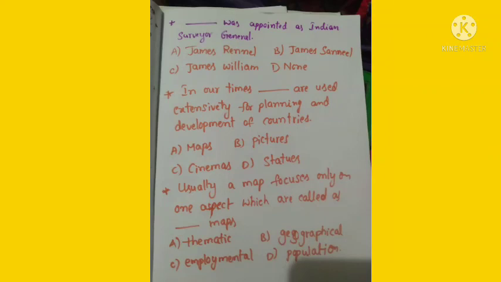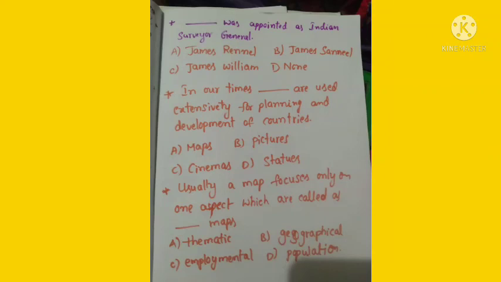Next bit. In our times, dash are used extensively for planning and development of countries. Options are A. Maps, B. Pictures, C. Cinemas, D. Statues. Answer is A. Maps.